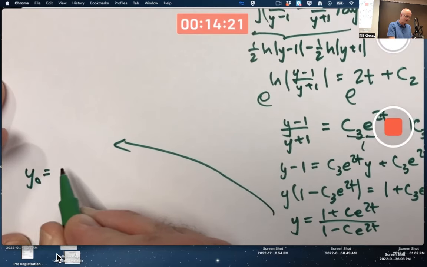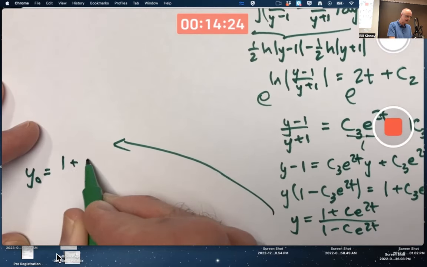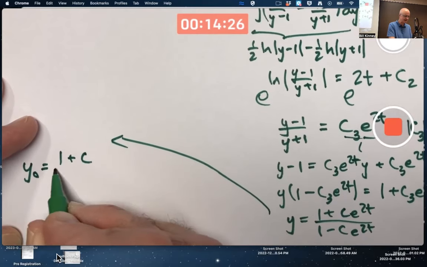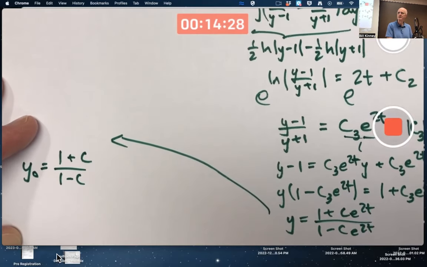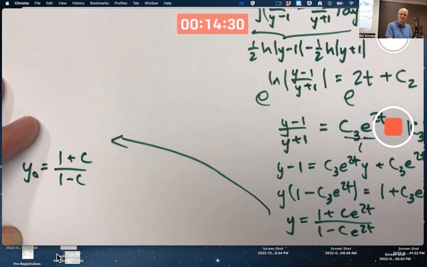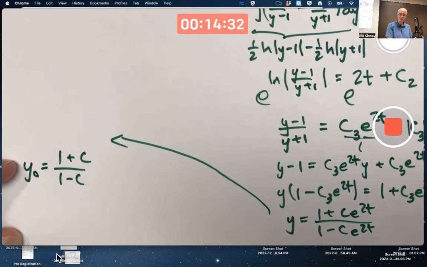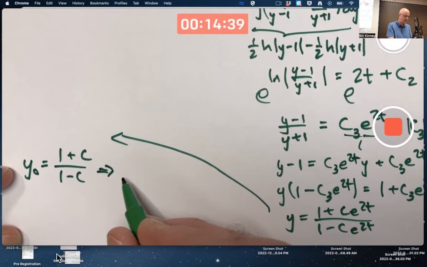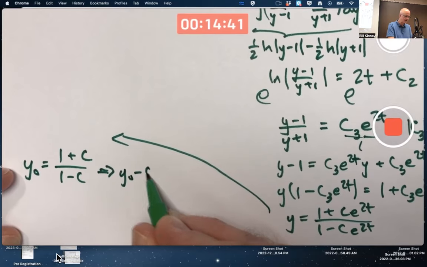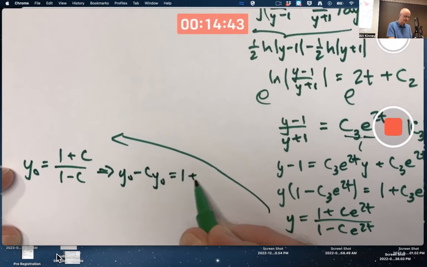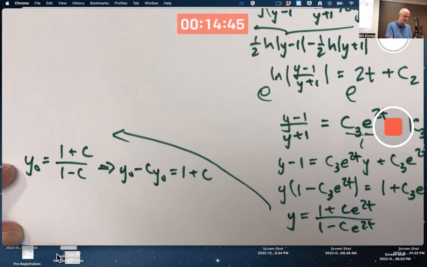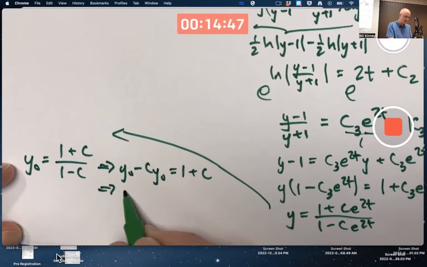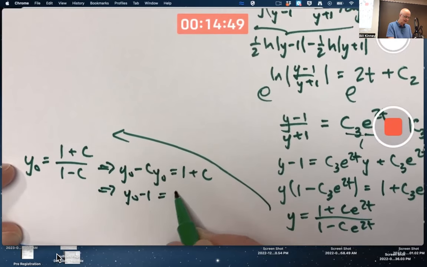Why not? Plug in t equals 0, e to the 0 is 1, so I get this. Yeah, I think I'll be able to do this. Your y naught was 2. Again, cross multiply both sides by 1 minus C, get y naught minus C y naught equals y plus C. I'm trying to solve for C. Y naught minus 1 will be C times 1 plus y naught, it looks like.